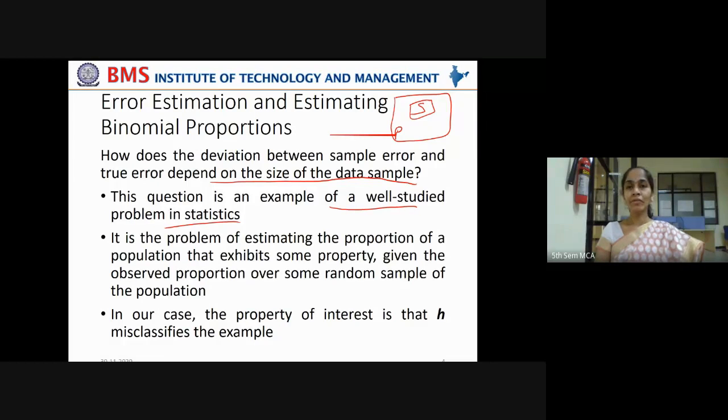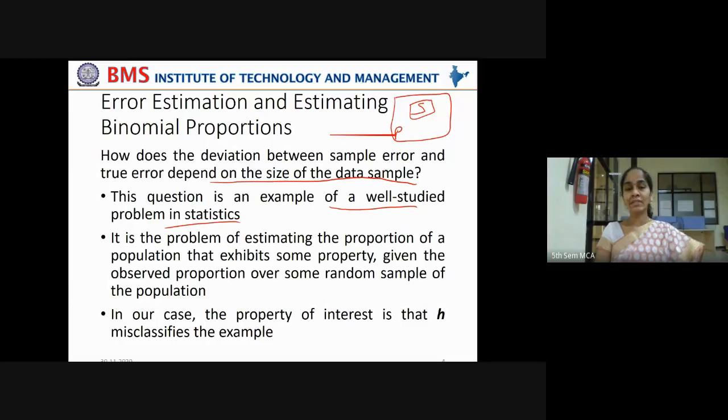If they're performing well with the sample, at least almost the same accuracy should be shown with the larger population also. Then we say that the machine learning model is highly generalizable. It has learned very well from the training data and it is able to predict properly with the unseen data or new data point also.